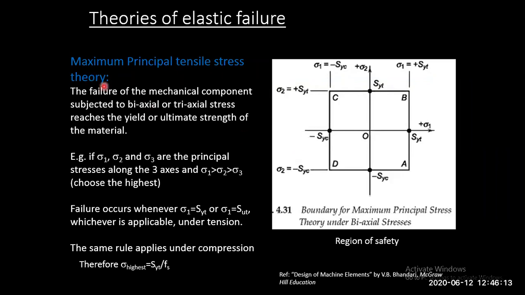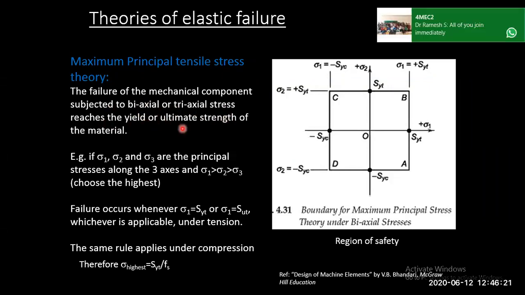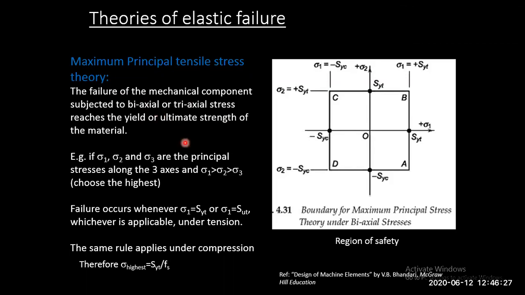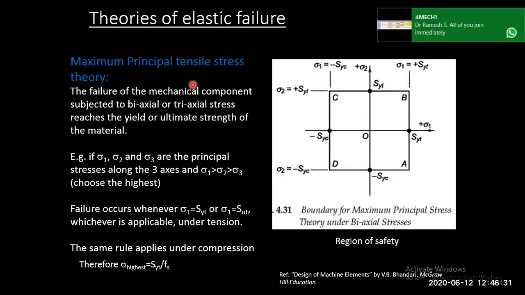It is taken for biaxial or triaxial stress states. Whenever it reaches the ultimate strength or yield strength of that material, it fails. That's what Rankine told, according to the maximum principal stress theory, right?